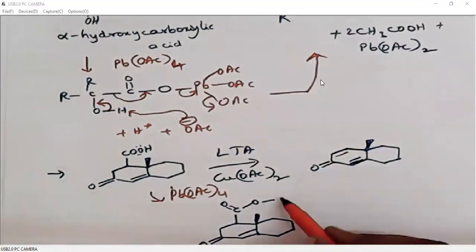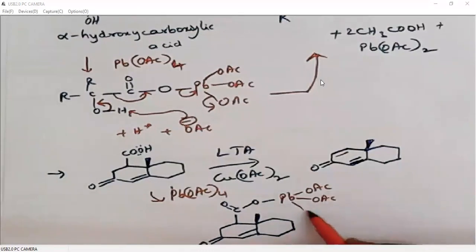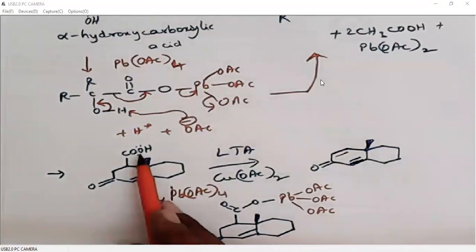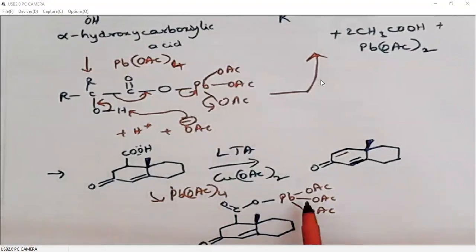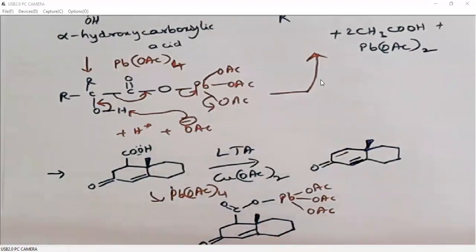This will be lead triacetate. When this OH attacks lead tetraacetate, one OAc minus will be leaving, and we also remove this proton. So that is the intermediate.